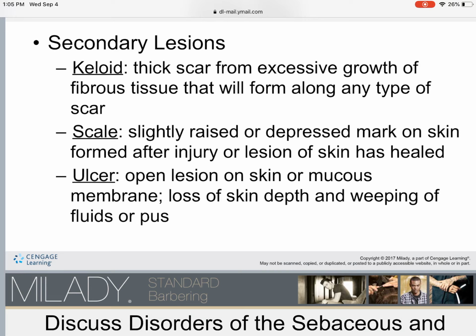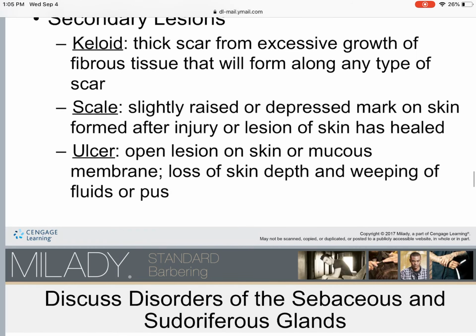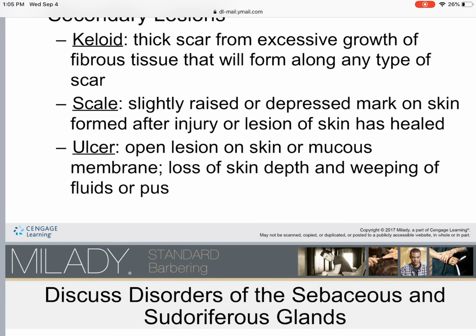Scars, okay, you probably had a stitch or some type of procedure. You needed an operation on it. We know what a scar is. Ulcer, an open lesion on the skin or mucous membrane of the body, accompanied by a loss of skin depth and possibly weeping of fluids or pus. Examples are herpes and chickenpox.